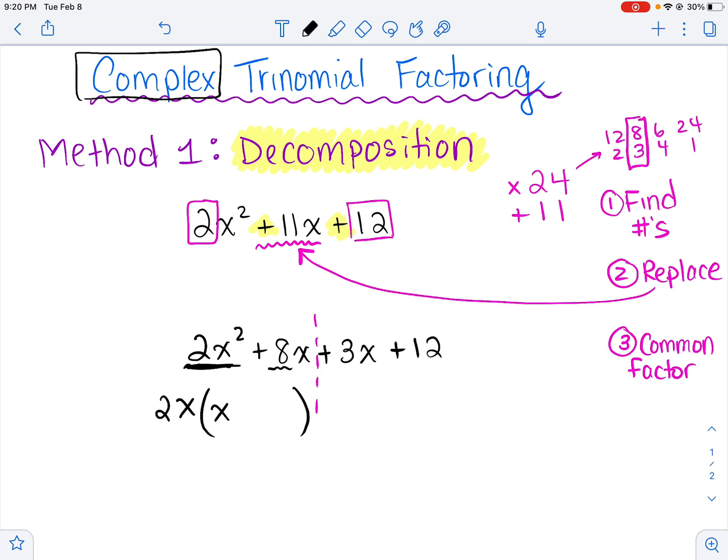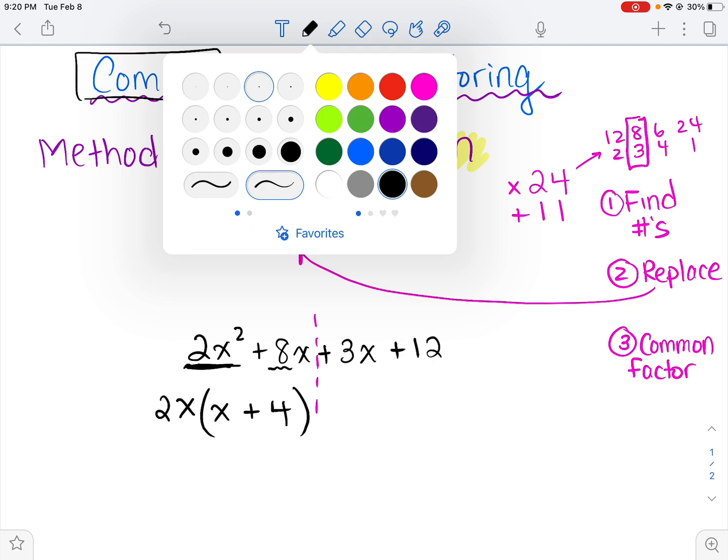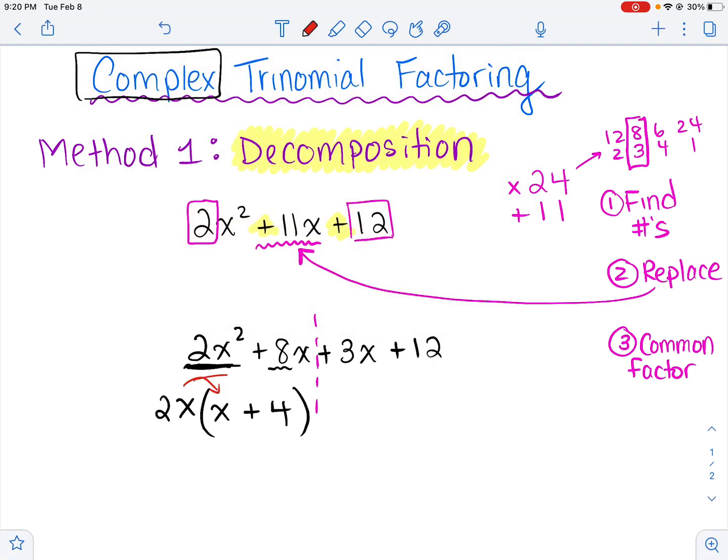So 8x divided by 2x would just be 4, because my x's cancel out and 8 divided by 2 is 4. If you're not sure you did it right, take a second and expand it and see if you get the same thing. 2x times x would be 2x squared. 2x times 4 would be 8x. Yep, I got the same thing. And then we just erase that.